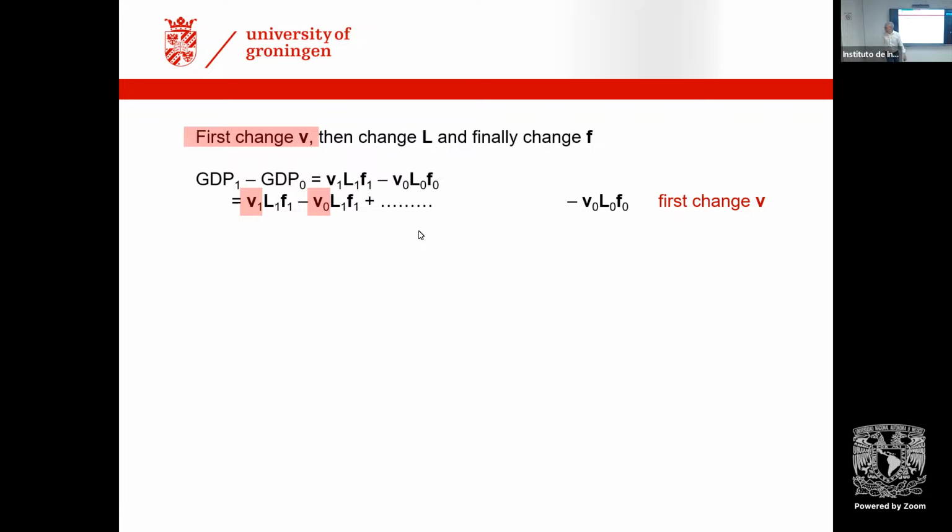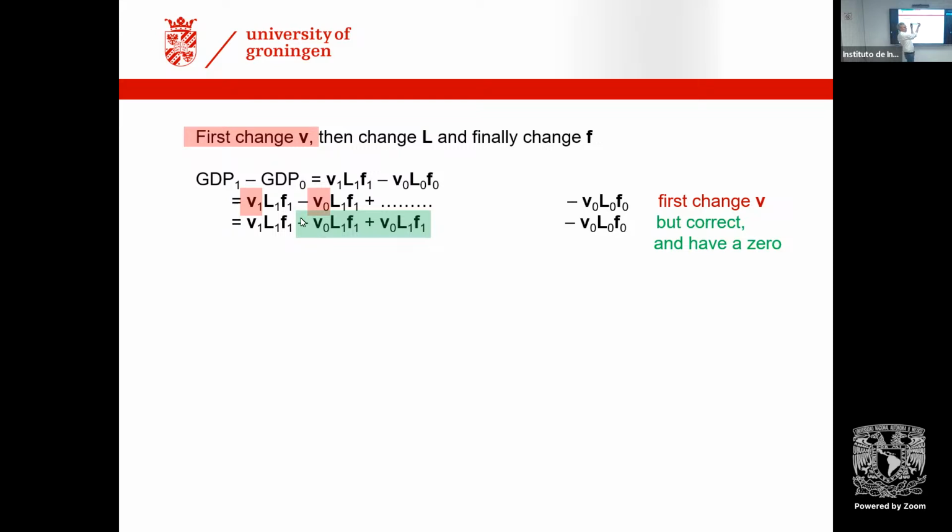It doesn't belong there, so I have to correct for that. So I'm going now to add here V0, L1, F1. See, this is the correction. And these two terms now express as 0. So still I have VLF at period 1 minus VLF at period 0.